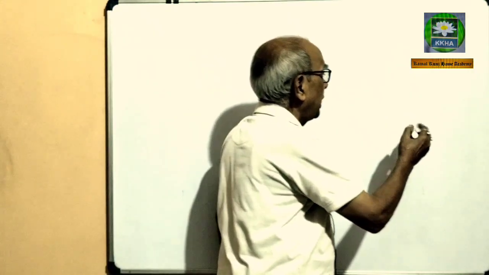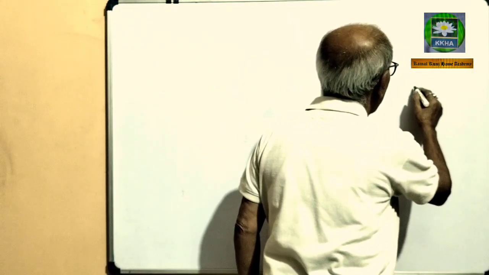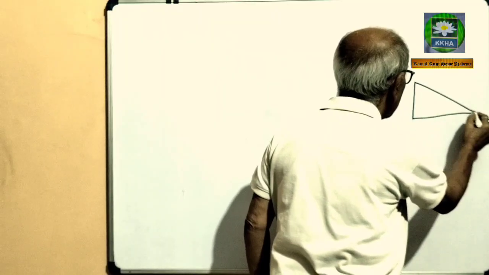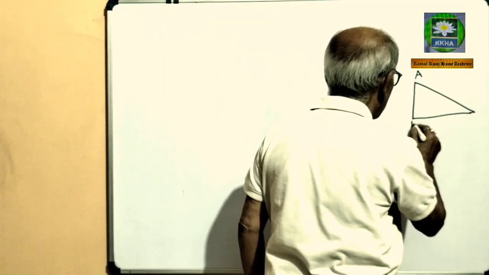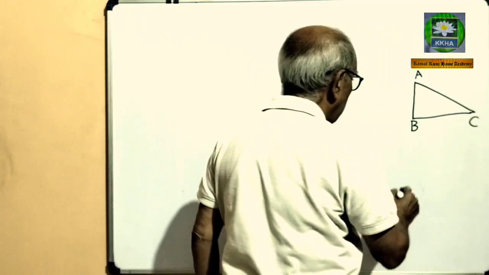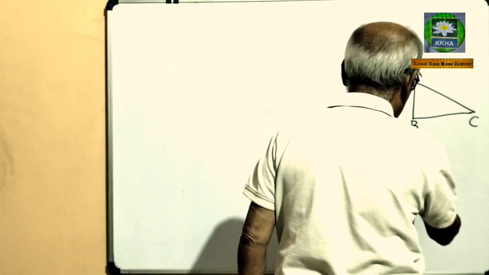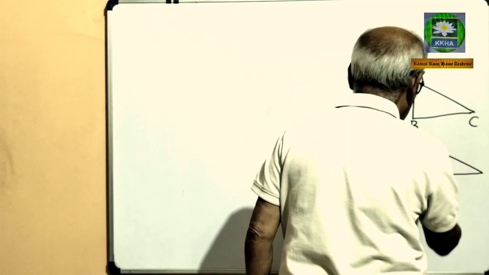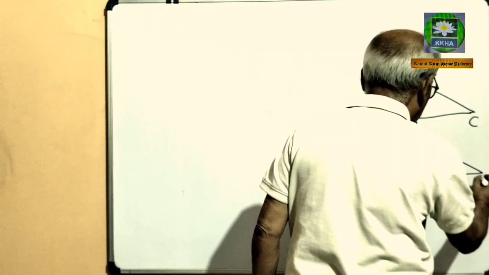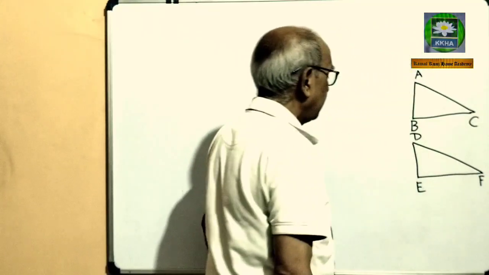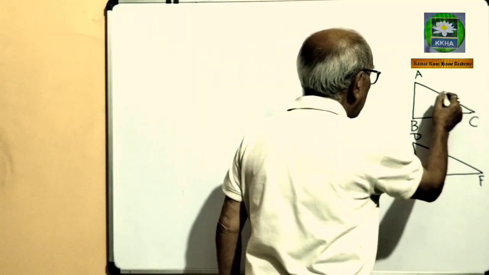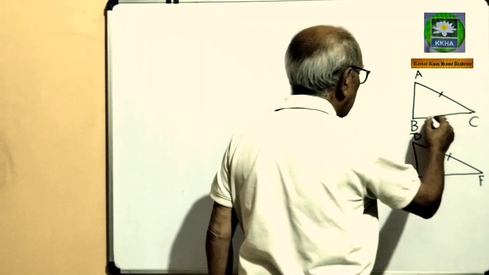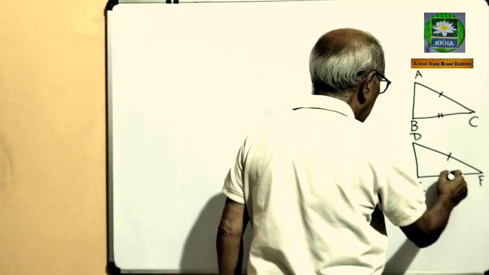We have given two right-angled triangles ABC and DEF, in which hypotenuse AC is equal to DF and one of the legs, that is BC, is equal to EF.